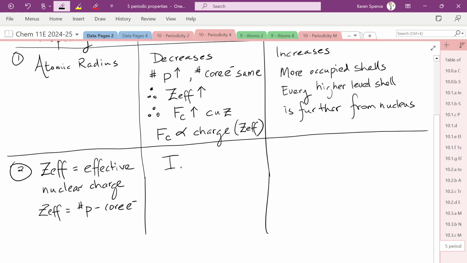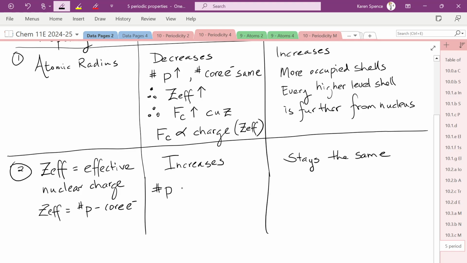Increases. How about as we go down a column? Stays the same. I don't think we need too much explanation here. Or do we? Well, okay.